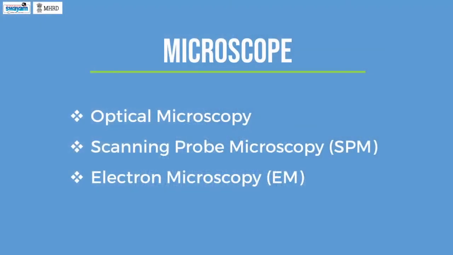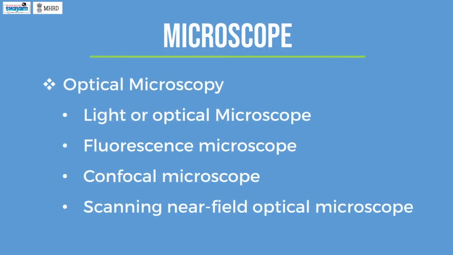All the microscopy techniques are broadly classified into three categories: optical microscopy, scanning probe microscopy, and electron microscopy. Light or optical microscope, fluorescence microscope, confocal microscope and scanning near field optical microscope are some of the examples of optical microscopy techniques.